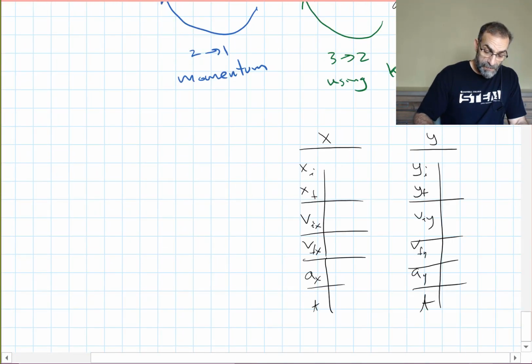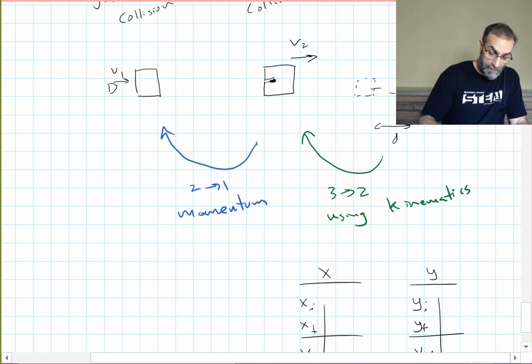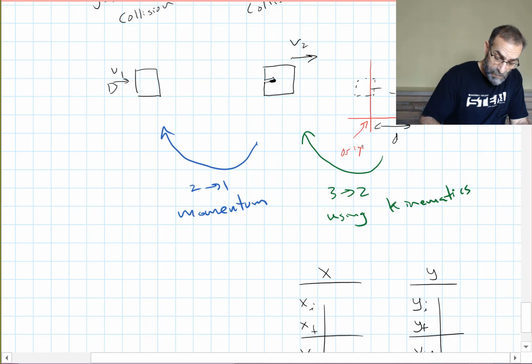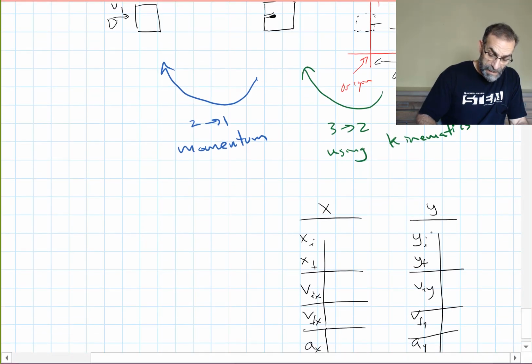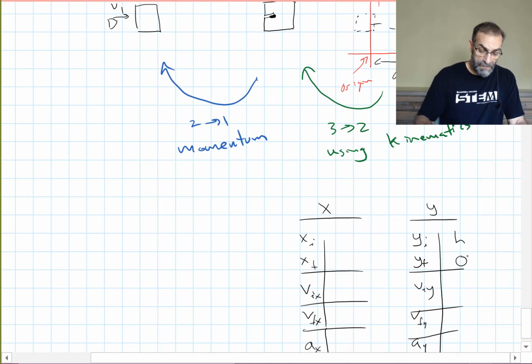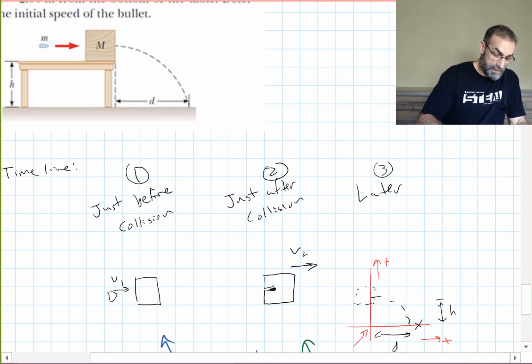So we'll pick, where do we want our 0, 0 to be? How about we'll let this be our origin, and our positive directions will be up and to the right. So its initial y is h, and its final is 0, and h was given, right?